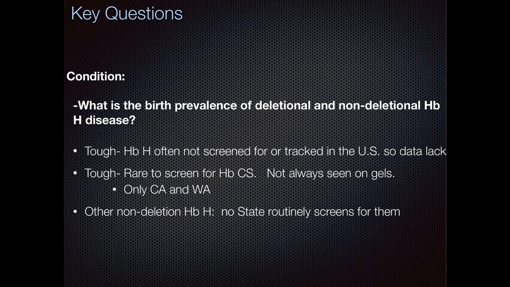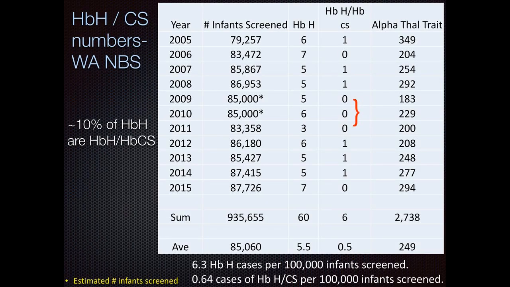And as far as I know, only California and Washington State screen for it. So because there's not great national data, I'm just going to go over the Washington State data, which I obtained from Tim Davis, and then also talk about some of the California data.